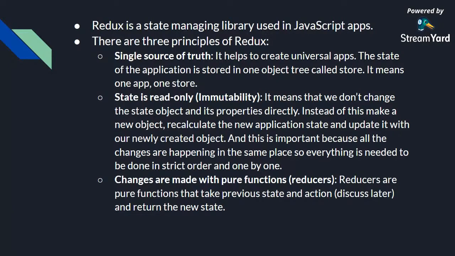There are three major principles of Redux. Single source of truth. What does this mean? It helps to create universal apps. The state of the application is stored in one object called the store.